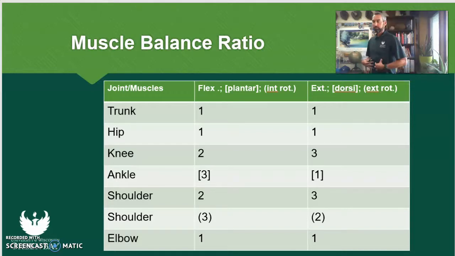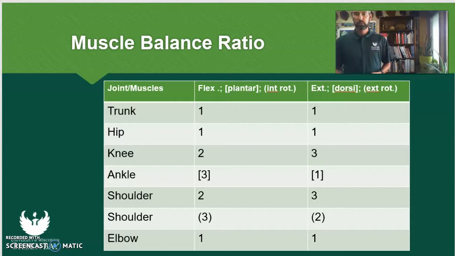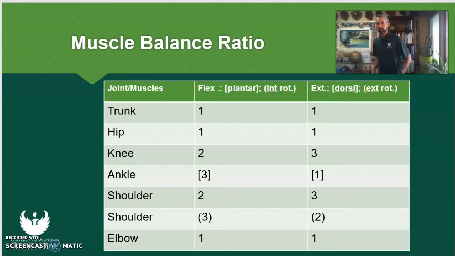So if I can do 30 abdominal crunches, I should be able to do 30 back extensions. If we look at hip flexion and hip extension, that should be an equal 1-to-1 ratio.